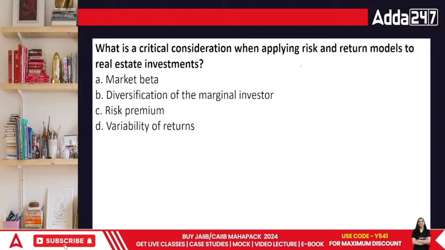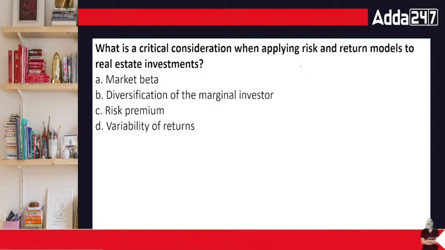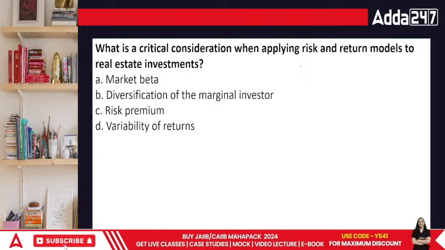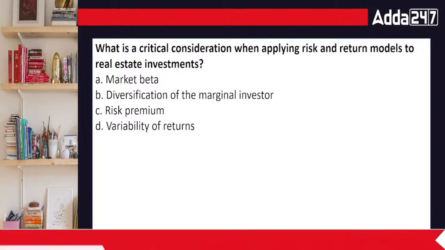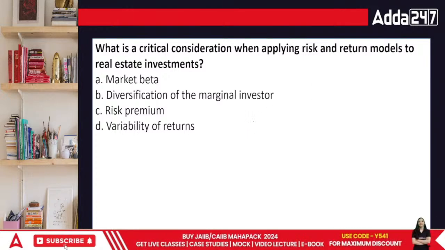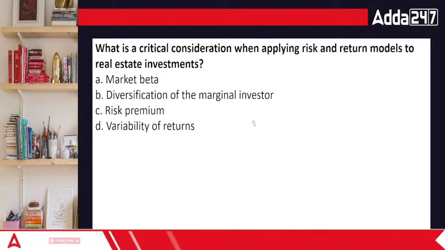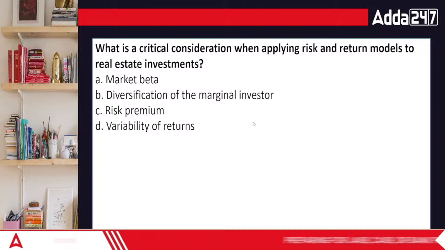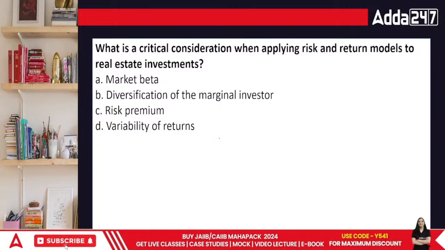What is the critical consideration when applying risk and return models? Market beta, diversification of marginal investor, risk premium, or variability of the returns? What's going to be the answer, everyone? In terms of applying risk and return models, you have heard about the term portfolio.